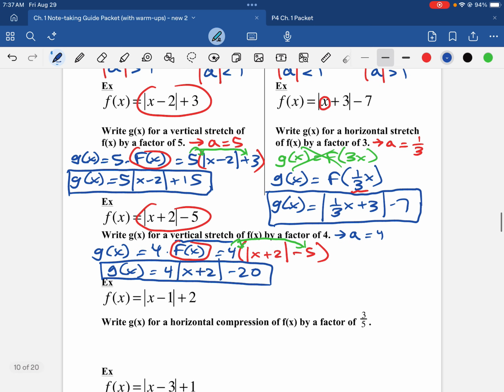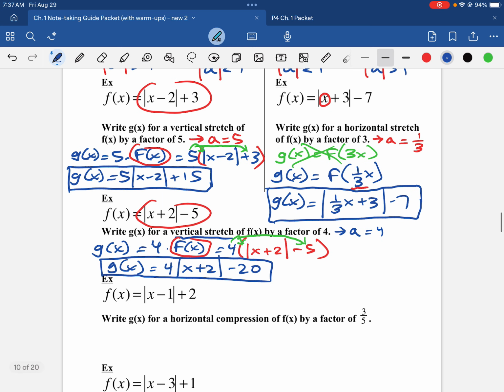Okay. All right, now let's try a horizontal compression by a factor of 3/5. So the factor is 3/5, but wait a second, that's not the a value. I need to take the reciprocal since I'm working in the horizontal side of things. So the reciprocal is 5/3, okay?